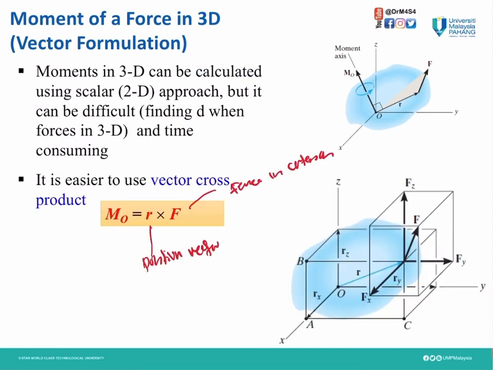For this one, you have to remember we need to identify our force in Cartesian and our position vector. As you can see here, your force in 3D, here is your F, here is our R. Therefore, by using the vector cross product, we can find our moment at O. Here in this figure, you can see we identify our R into Z-axis, X-axis, also Y-axis.